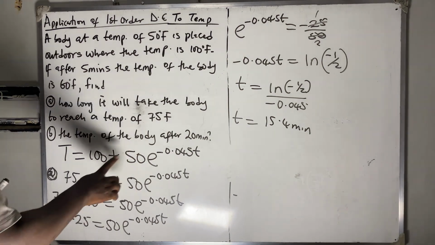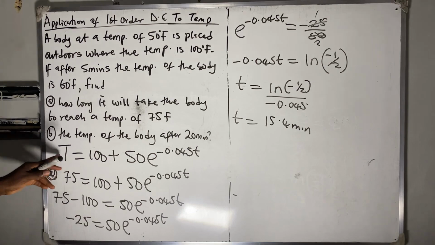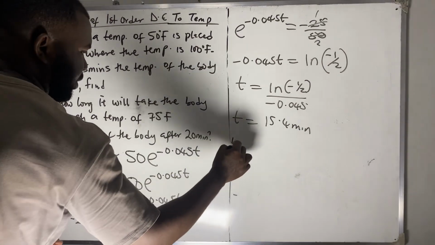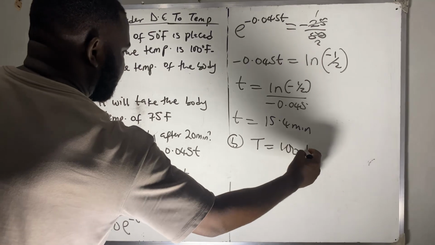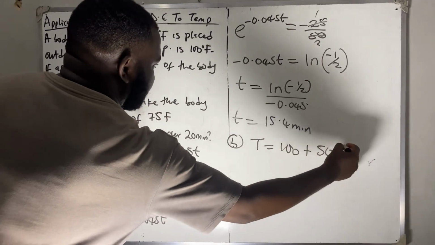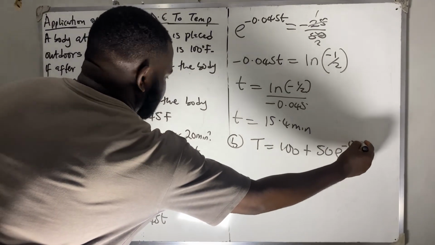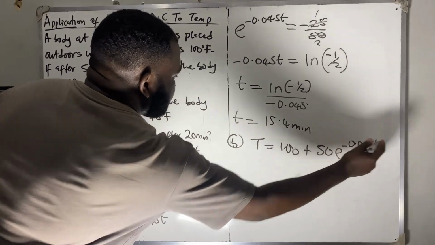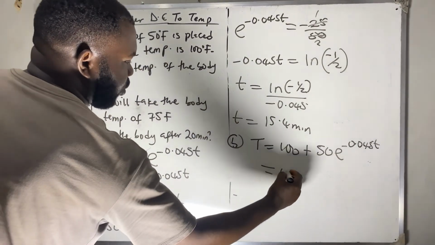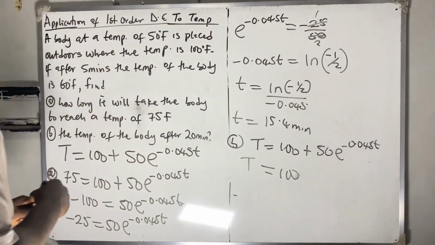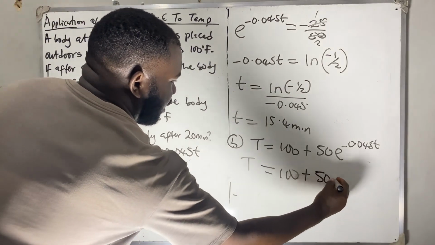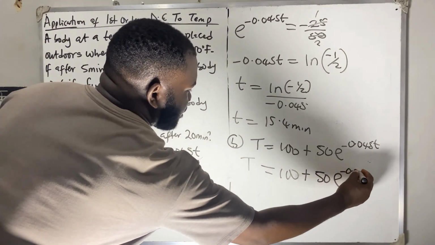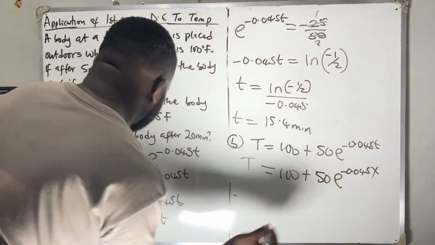For us to calculate, they now say we should calculate the temperature when the time is 20. So for B, we know our formula that says T is equal to 100 plus 50 exponential minus 0.045t. We are looking for T, which is equal to 100 plus 50 exponential minus 0.045 times how many minutes?